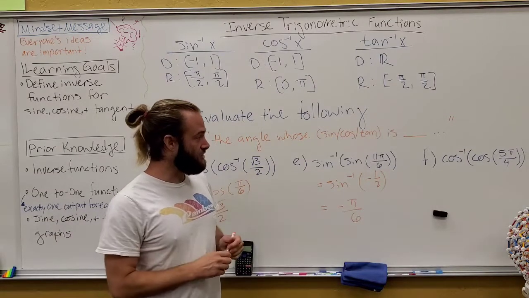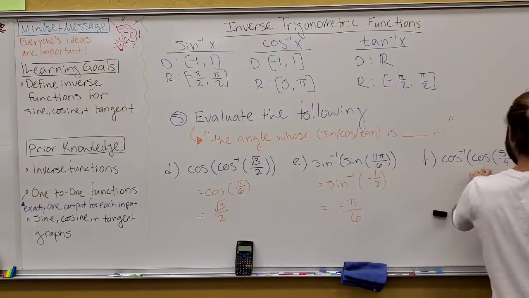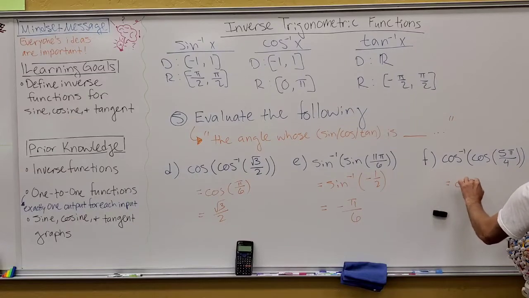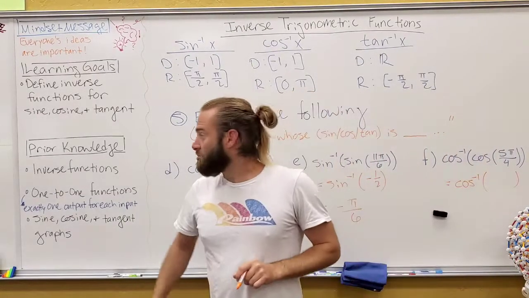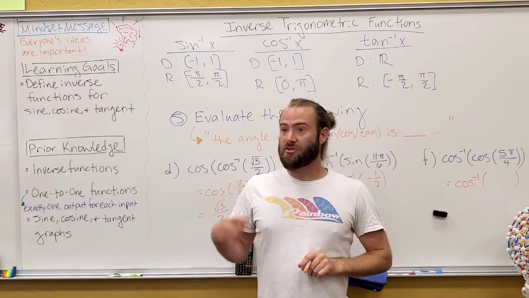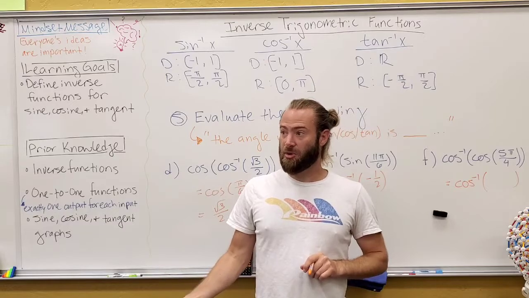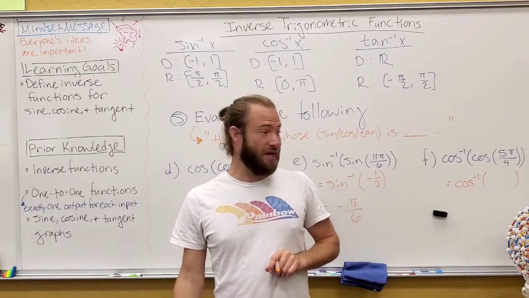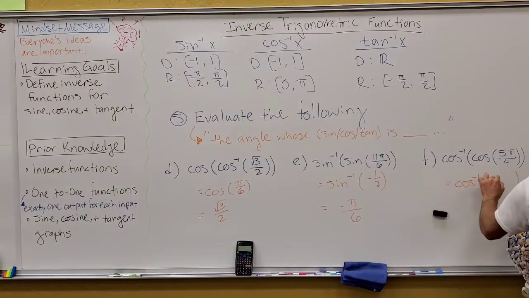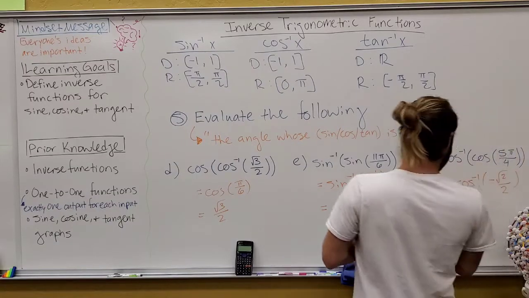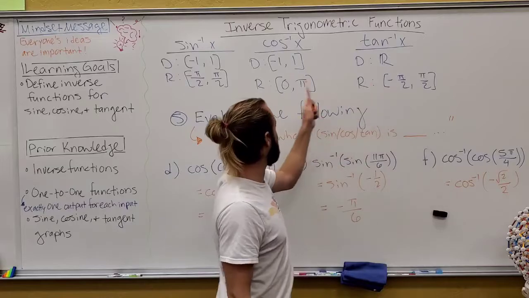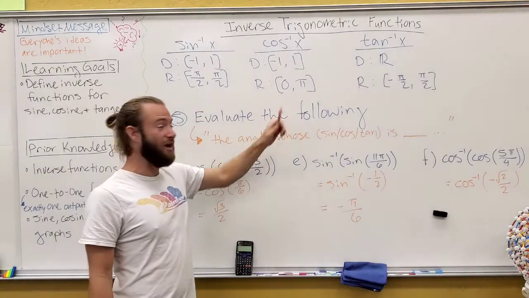So let's take a look at this one together. Well, the cosine of 5 pi over 4 is in quadrant 3, so sine and cosine are both negative, so negative √2/2. So this is the cosine inverse of -√2/2, but we need to stay within, remember, cosine has to stay within 0 to pi, right?